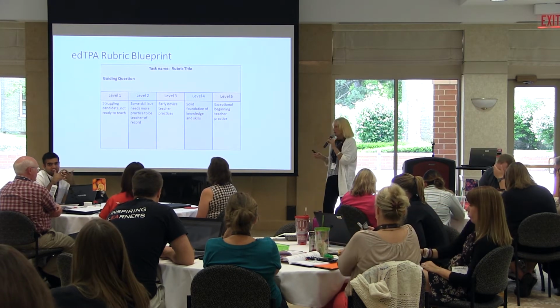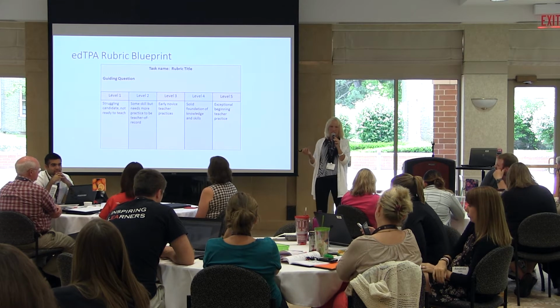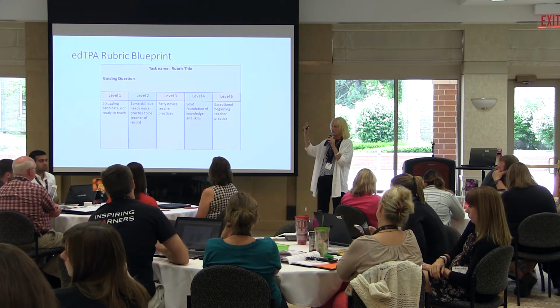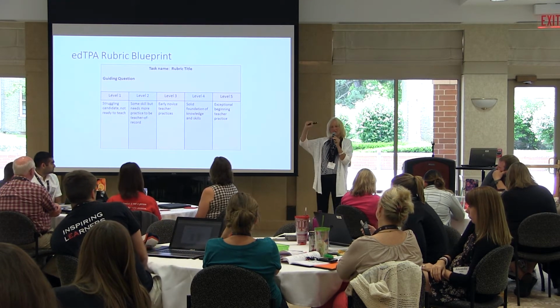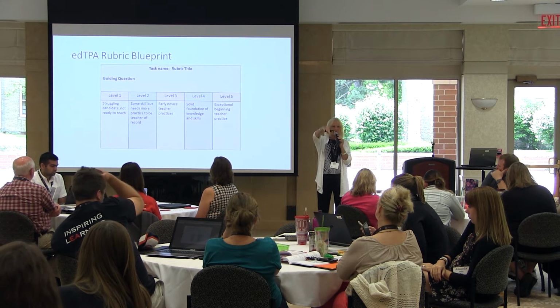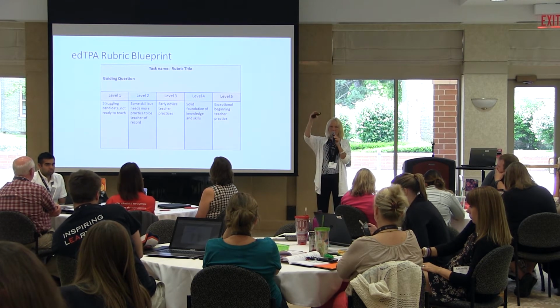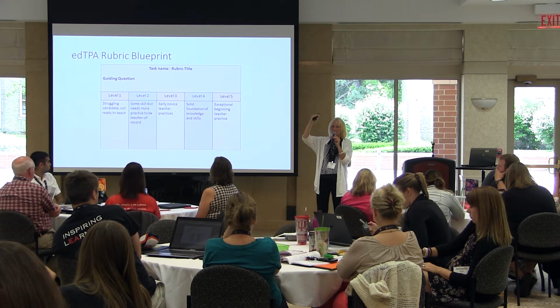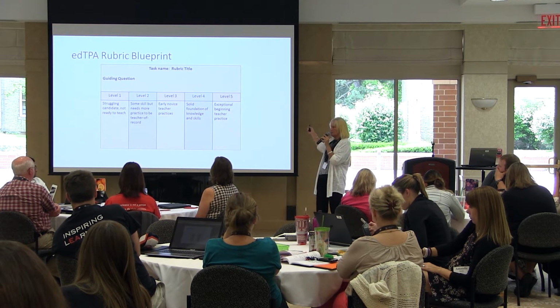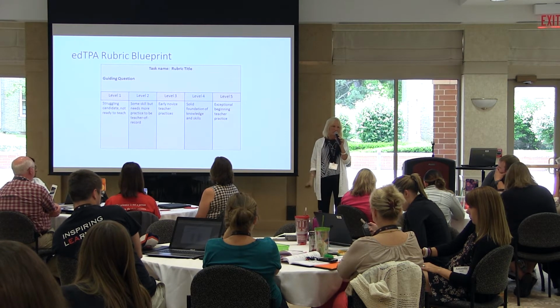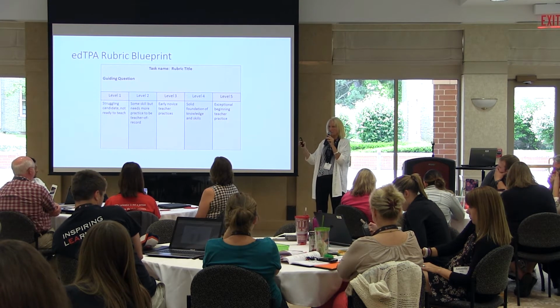So, what happens with our candidates is, and this is nothing against anyone, they get their student teacher evaluations from you guys, and they get all 5s maybe, or 4s and 5s, and then they look at their edTPA and they come up with a bunch of 3s, they think the edTPA doesn't know what it's talking about because you gave them all 4s and 5s.